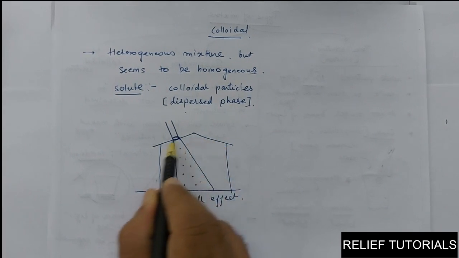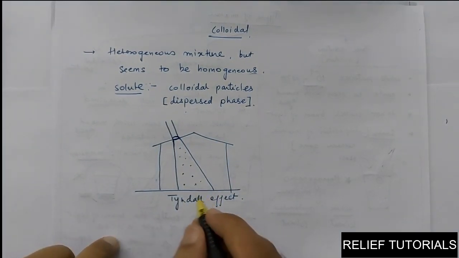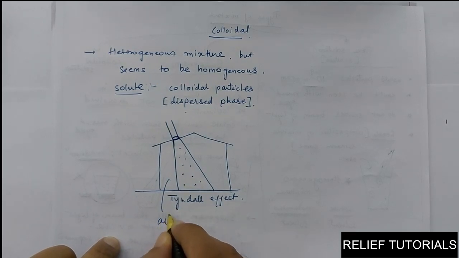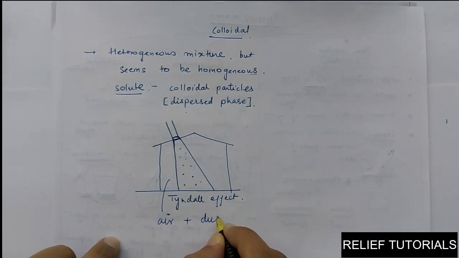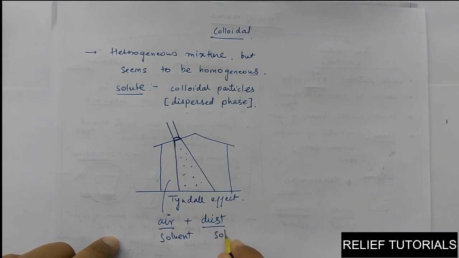You can imagine this, the air in your room is a mixture of air plus dust particles. So air is behaving as solvent because it is present in the more amount, and dust is what? The solute.